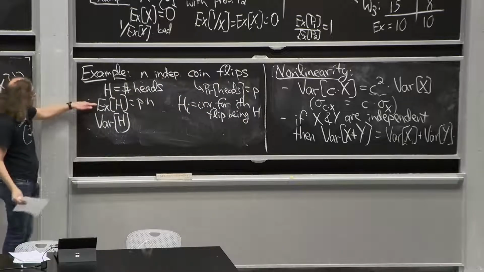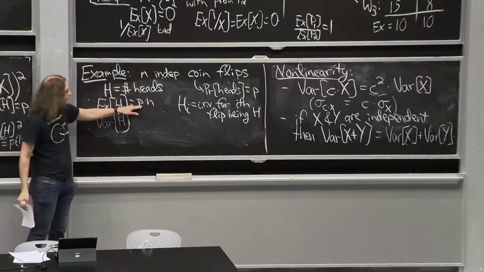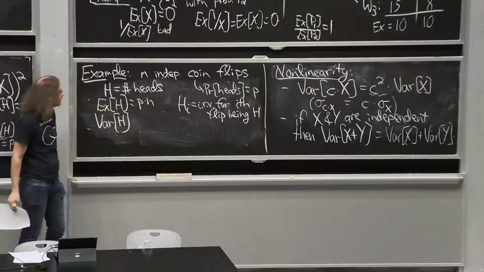And so then we just took the sum here. And so each of them had a probability p of occurring. So we got n of them. We got p times n.